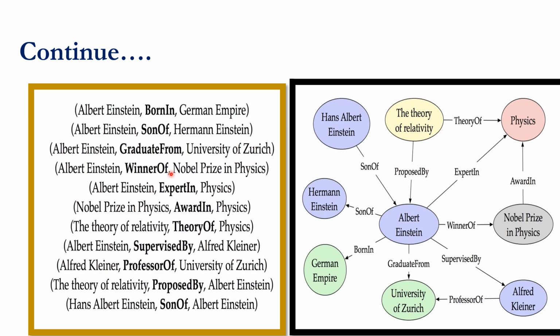So here in the first thing, it's factual triples in a knowledge graph, and these are the entities and relationships. The entity will be the theory of relativity and the relation will be proposed by. So this way we can understand the knowledge graph.